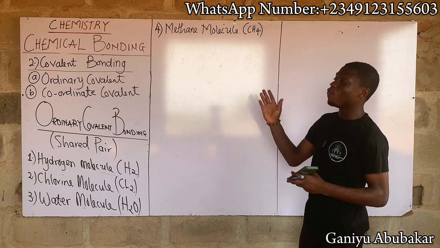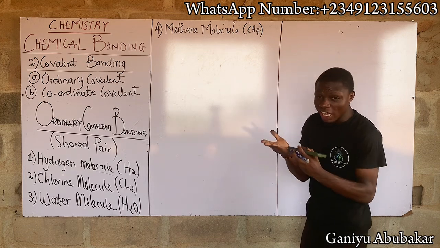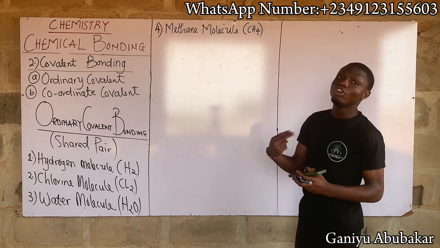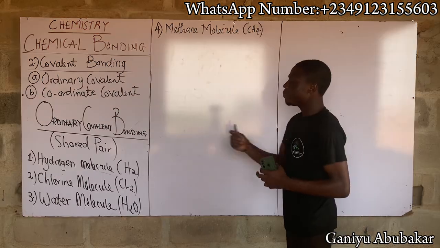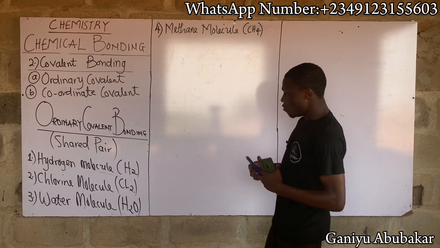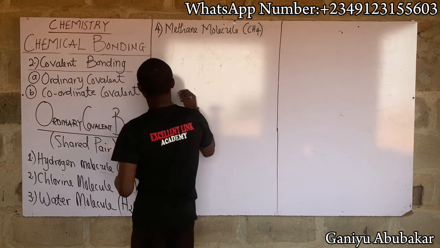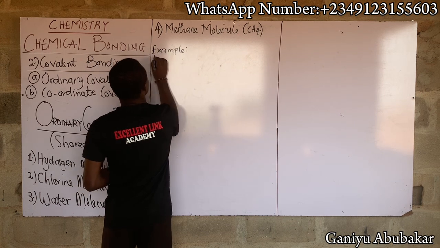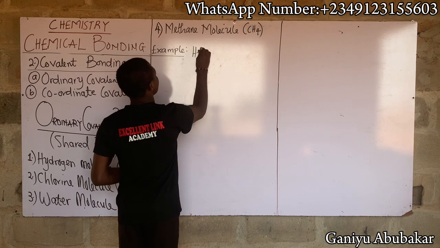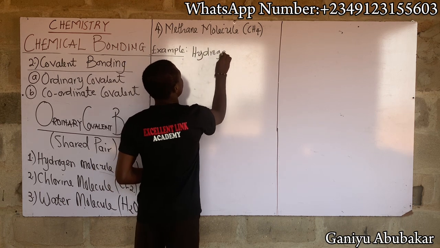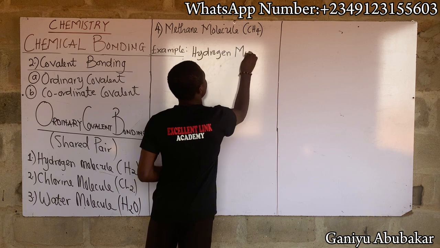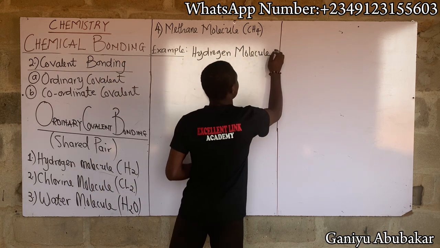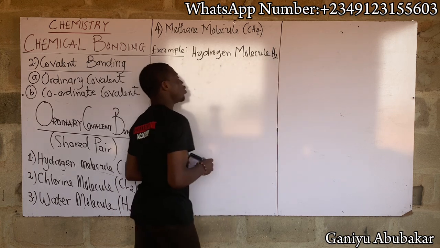We say when it comes to covalent bonding, the keyword there is what? Share, not transfer. Please, the keyword there is share, not transfer. Let's pick number 1 to explain this. For example, I have a hydrogen molecule, that's H2.